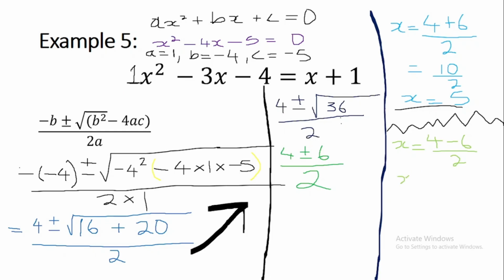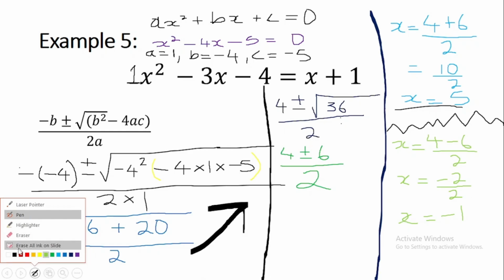So x now is going to be equal to 4 minus 6, that's going to be negative 2 over 2. So negative 2 over 2, x now is going to be equal to negative 1. Okay, so these are the 2 values for x.